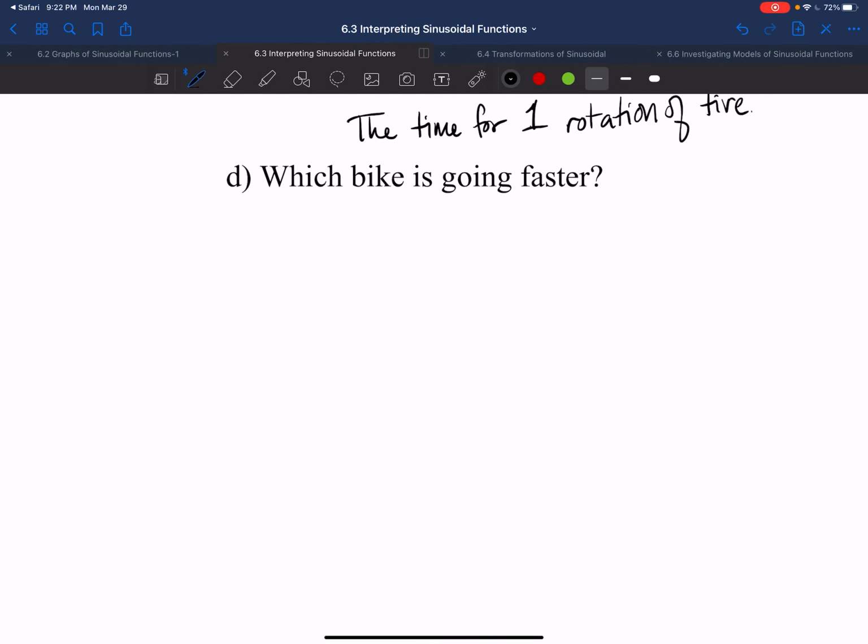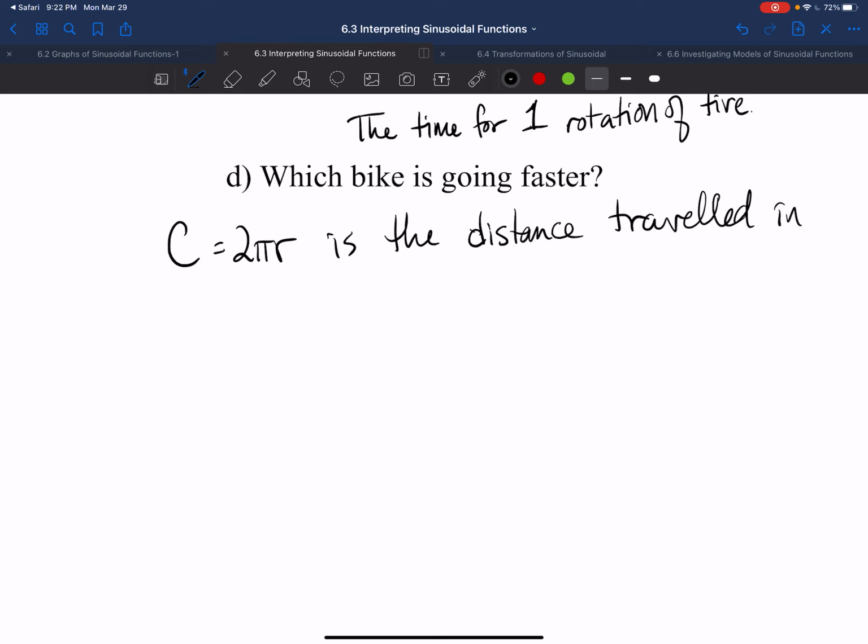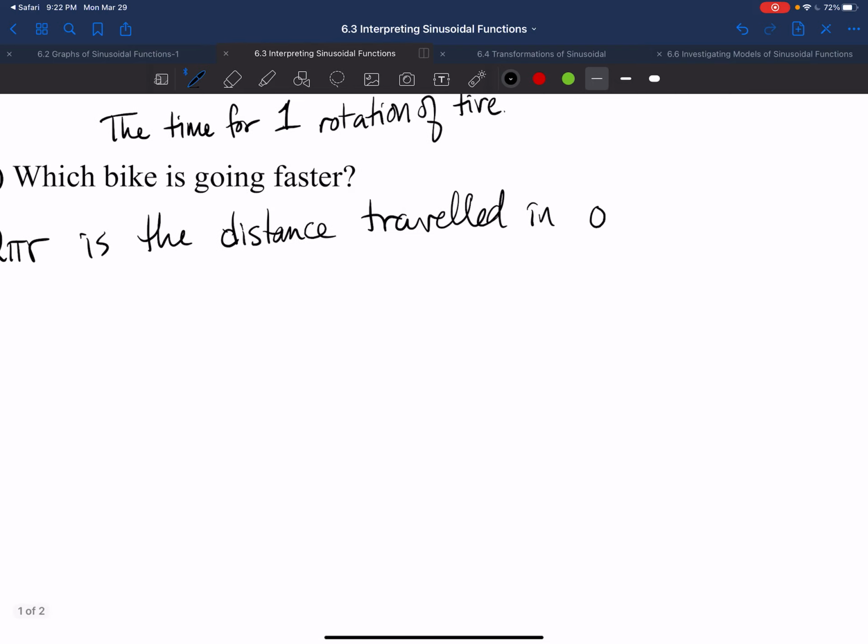So the circumference is the distance traveled in one rotation.